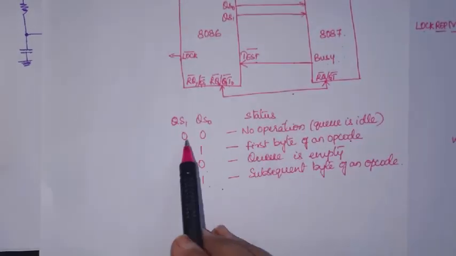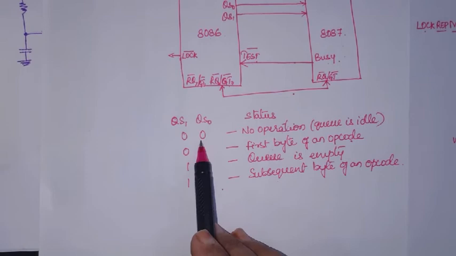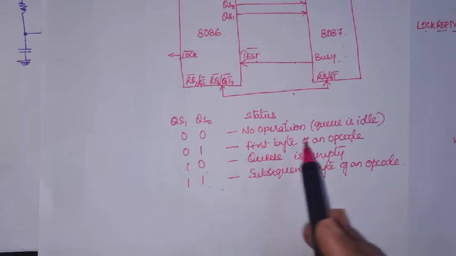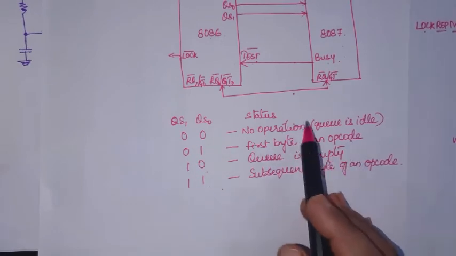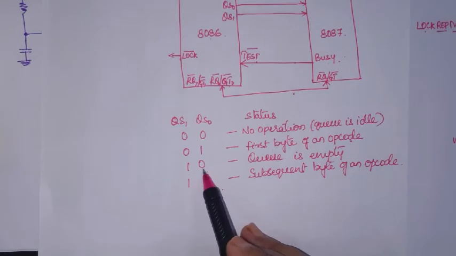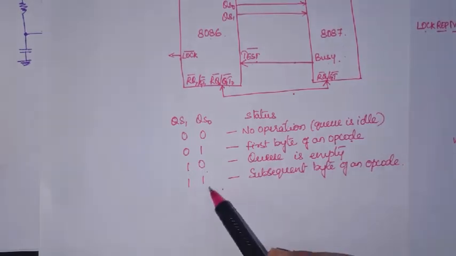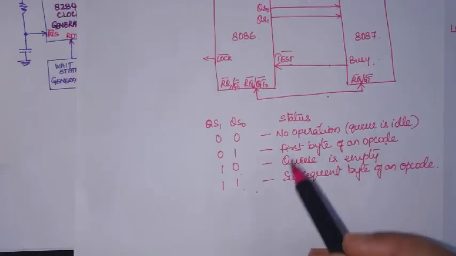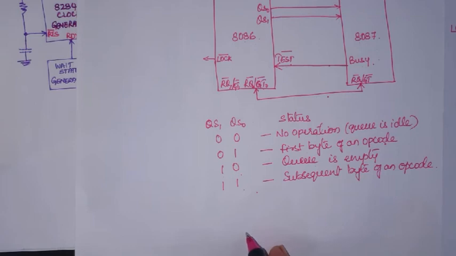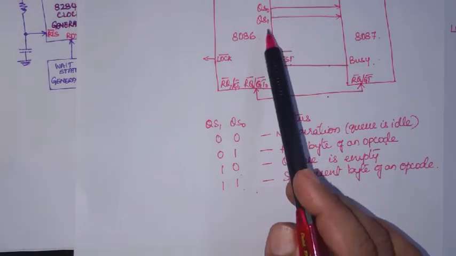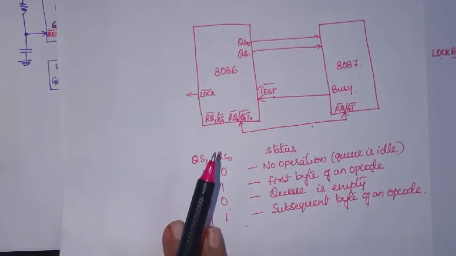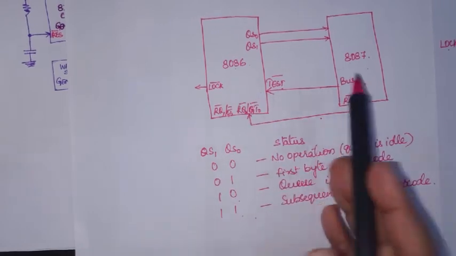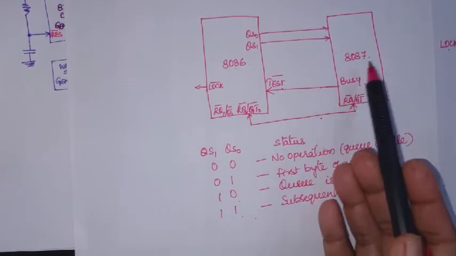If these two bits are 0 0, it means no operation, queue is idle. 0 1 indicates that the first byte of an opcode is present in the queue. 1 0 indicates queue is empty. 1 1 indicates that a subsequent byte of an opcode, that means the next bytes of the opcode, is present in the queue. This is the purpose of QS0 and QS1: they give the queue status of the processor, which can be interrogated by 8087 when required.